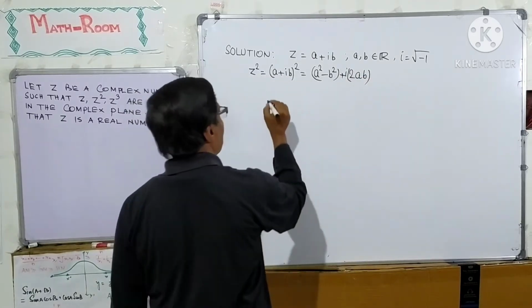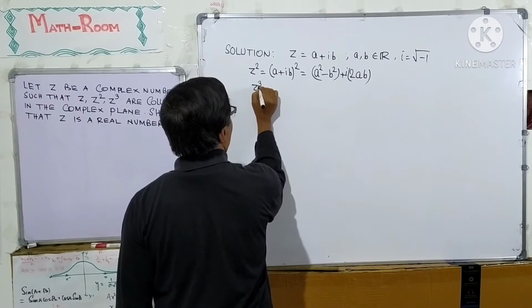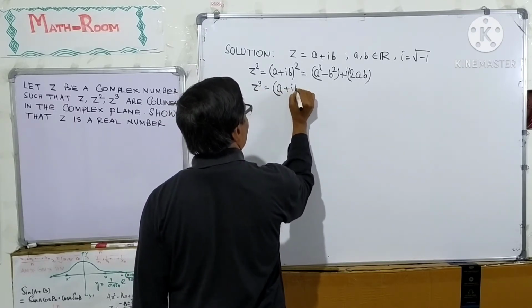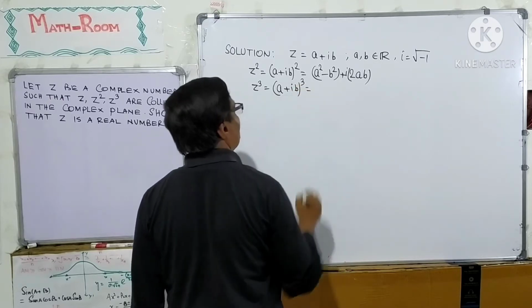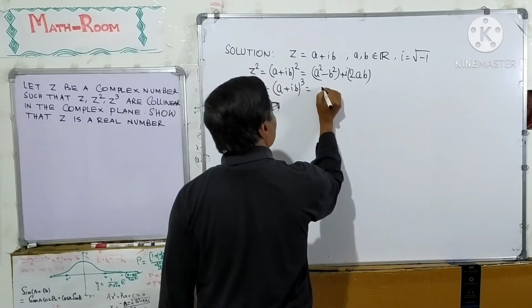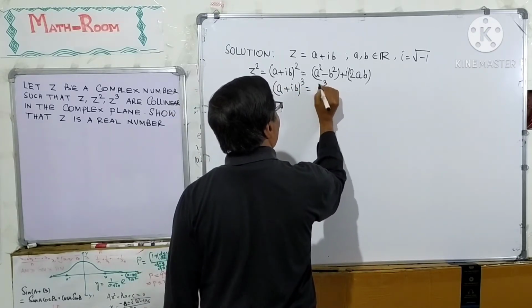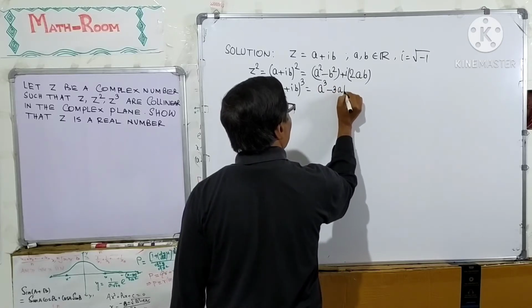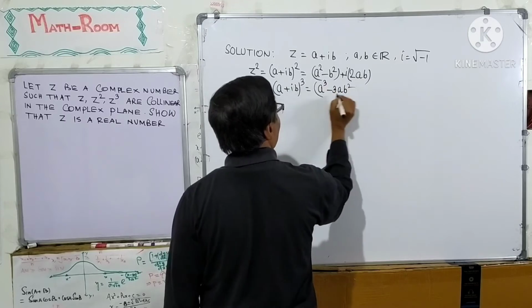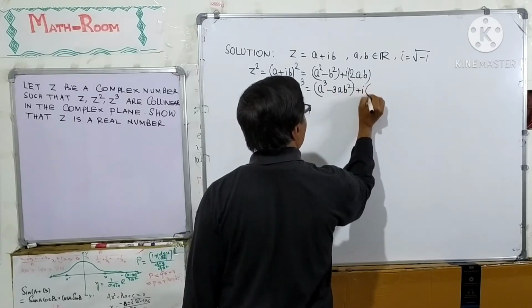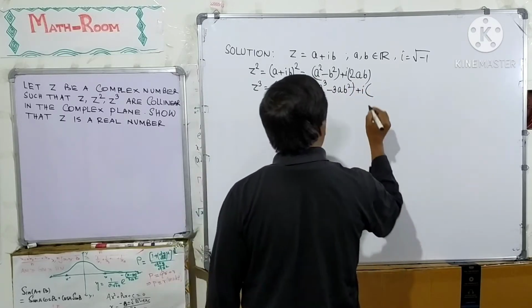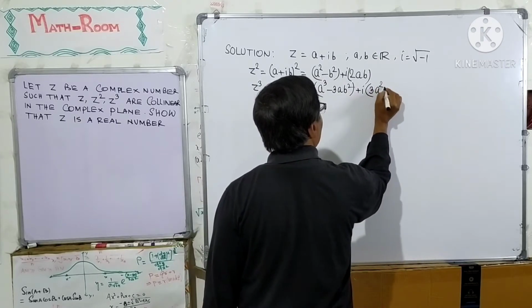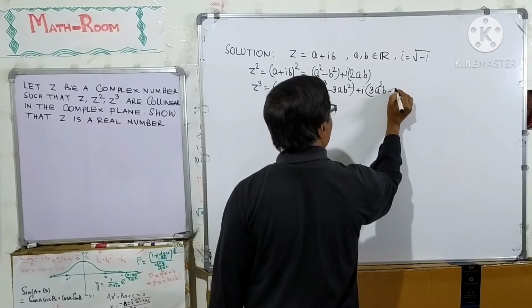And z cube equals a plus ib whole cube, equal to a cube minus 3ab square plus i into 3a square b minus b cube.